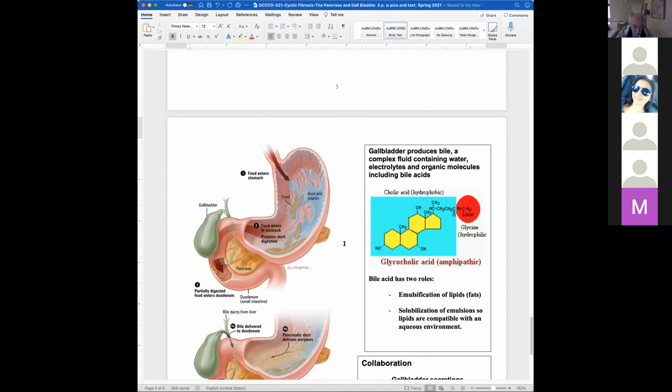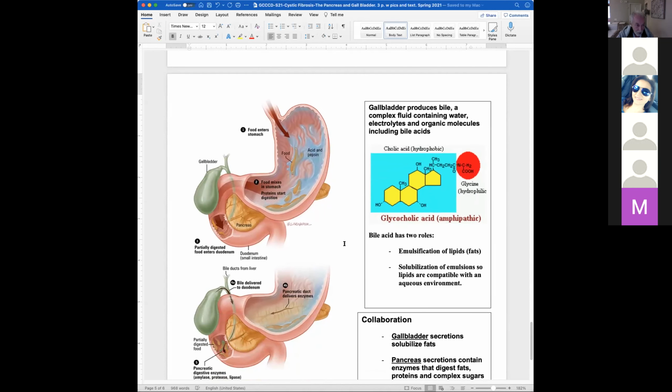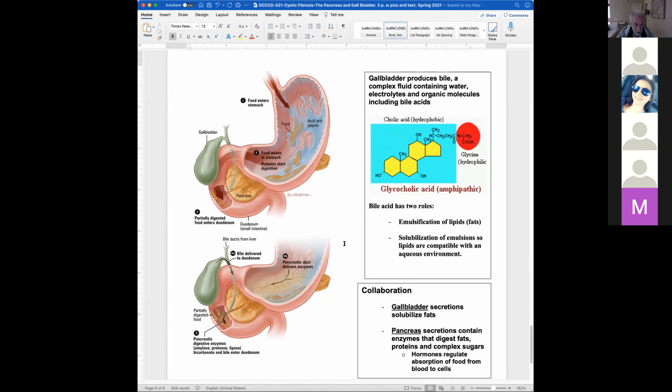And now I'd like to sort of put it all together and look at the contributions of both the pancreas and the gallbladder. If you look on the left, food enters the stomach, where the pH is very acid, it's about 2.